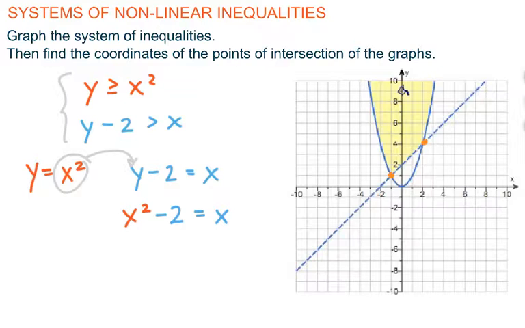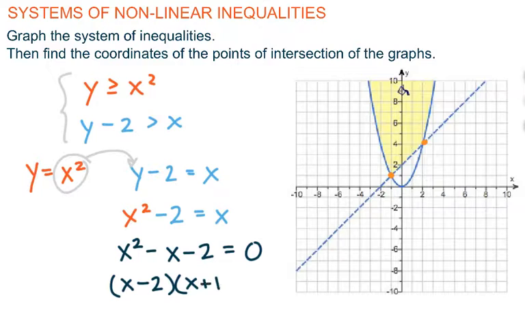So putting this into standard form, or descending order equal to 0, I have x squared minus x minus 2 equals 0. I can factor this. That would be (x minus 2)(x plus 1) equals 0. And we can easily see that we're going to have x equals 2 or -1. x equals -1 right here, x equals 2 right there.